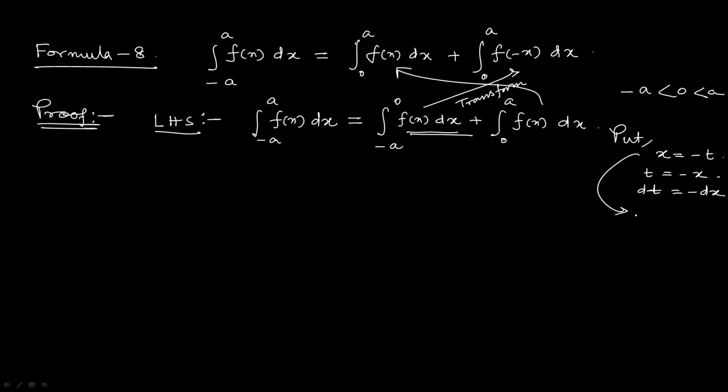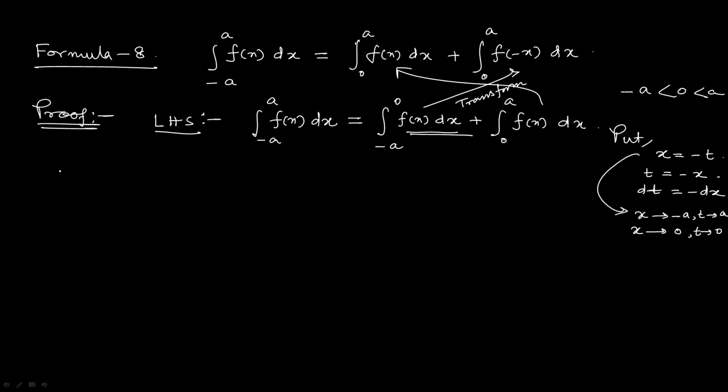Now when x goes to the lower limit -a, and x goes to the upper limit 0, what should be the value of t? Just put the value, t will go to a, and here t will go to 0.